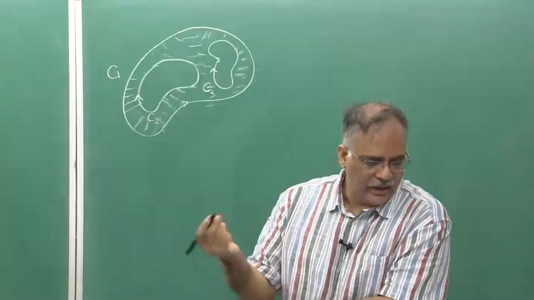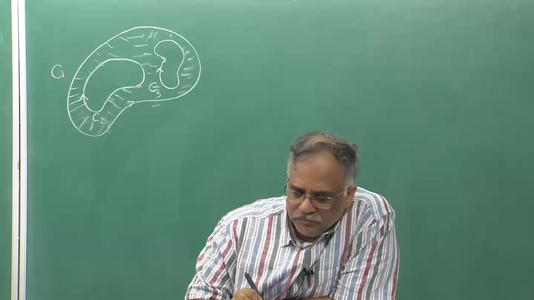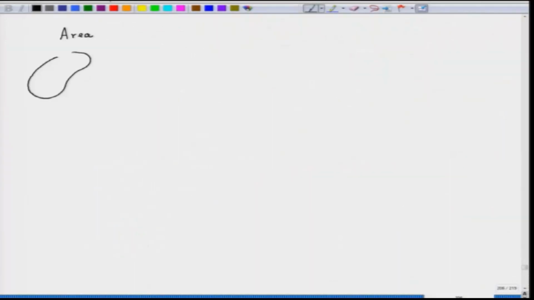And now area. Suppose you have a closed curve C covering a domain D, and the area A can be computed by this simple line integral. How do we know that?